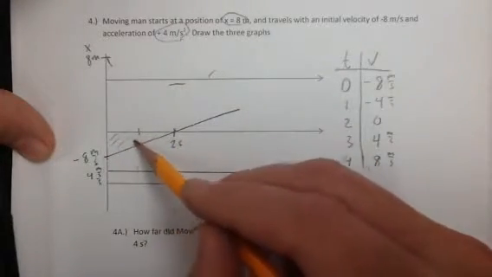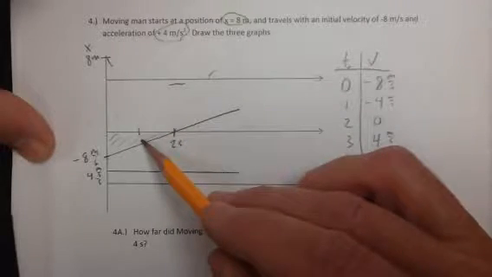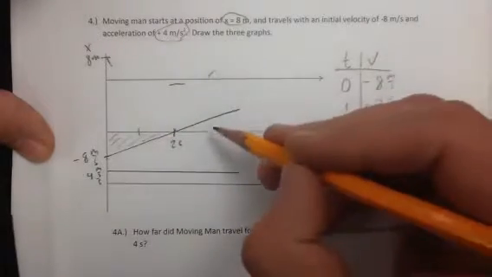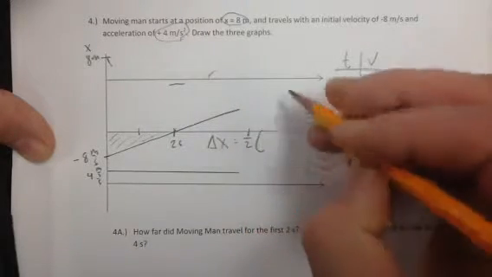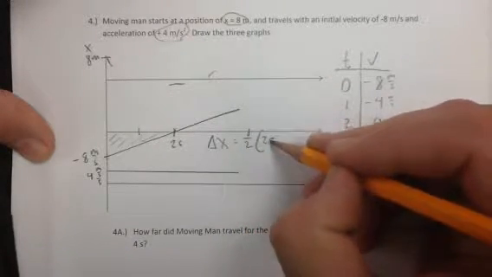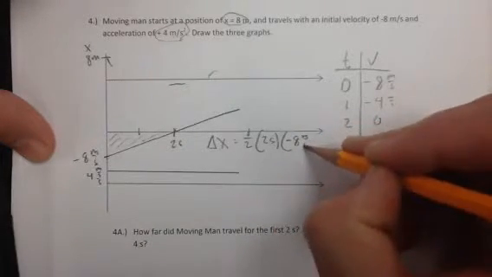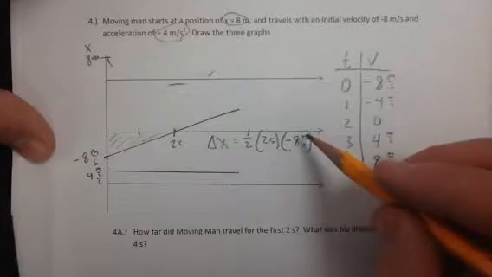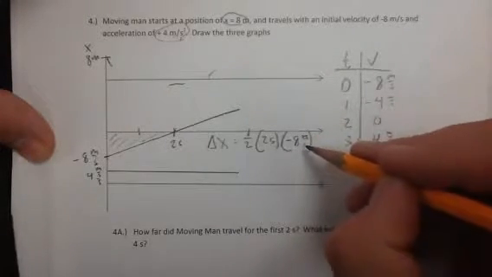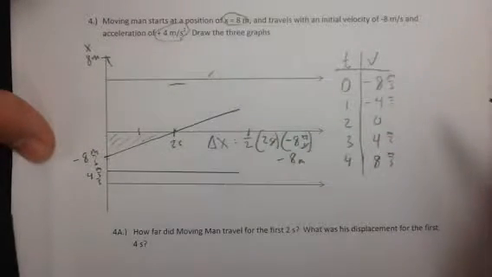To get a little more exact though, from the velocity graph we can tell that in the first 2 seconds the displacement is the area of this part right here. So displacement is 1/2 the base, which is 2 seconds, times a height of negative 8 meters per second. That comes out to be negative 8 meters.